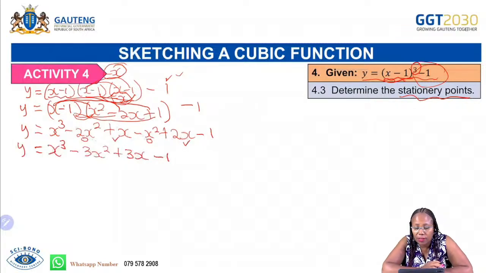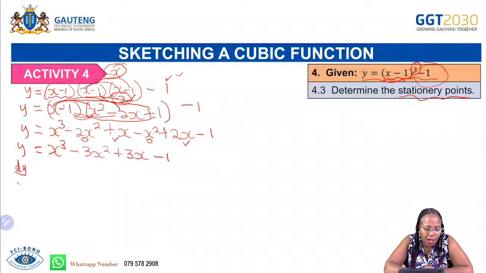in the original standard form, and we can now derive. Remember, the notation is dy/dx, deriving y in terms of x. Then it is 3 times 1, that is 3x to the power 2. 2 times minus 3, minus 6x to the power 1.